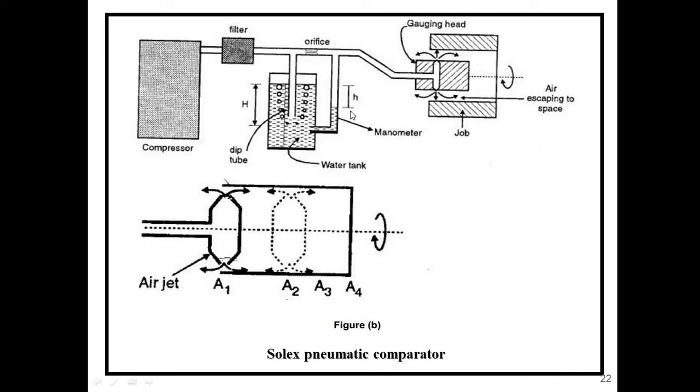The back pressure in the circuit can be indicated by the head of the water displaced. So how much back pressure is created can be directly read out using the head of the water displaced on this manometer tube.